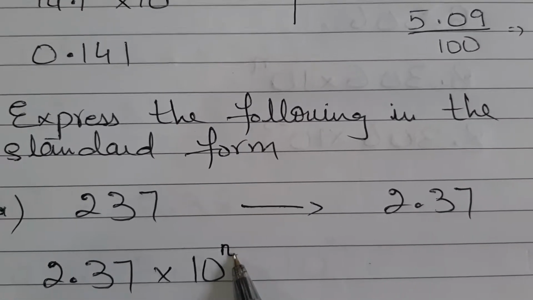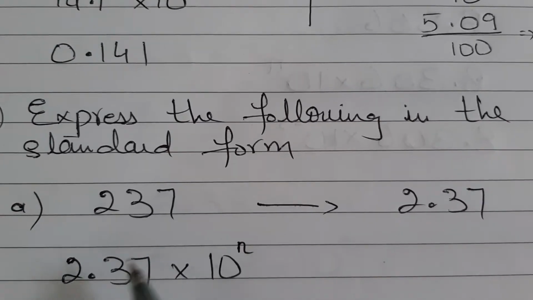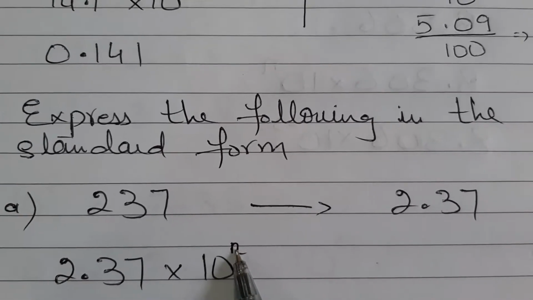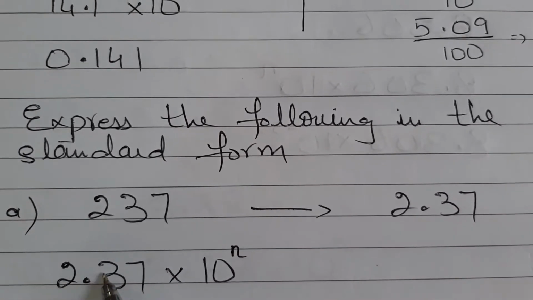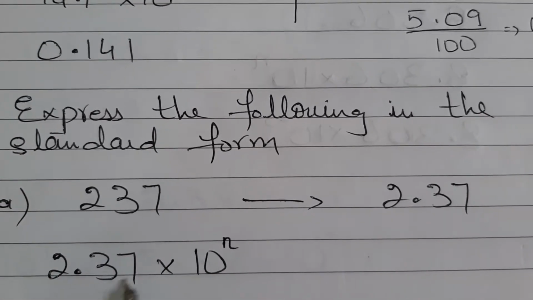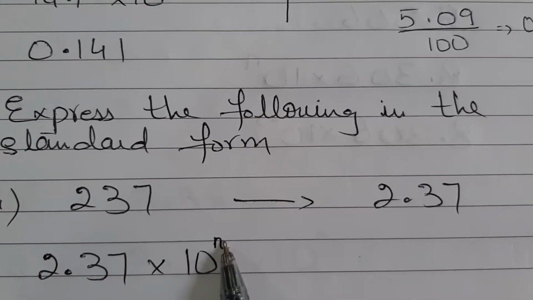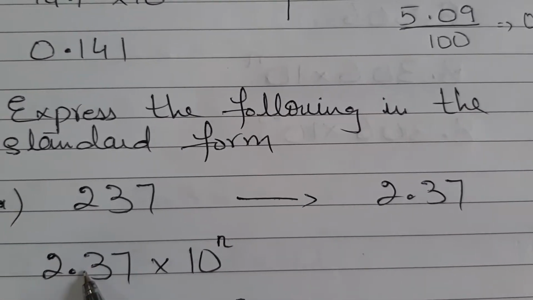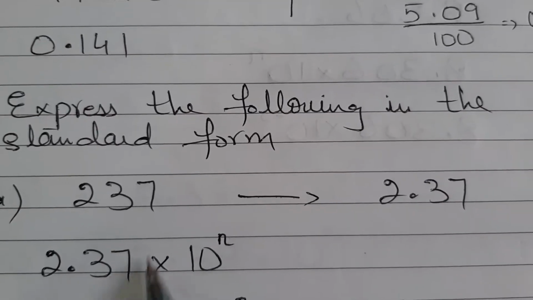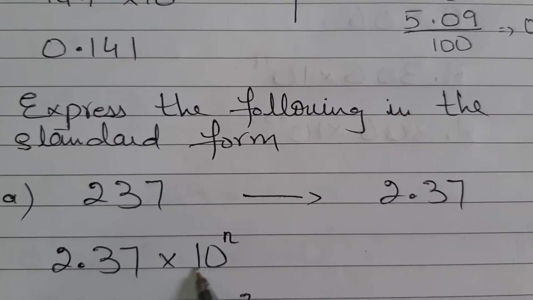Now what is that integer which will come at this place? Actually the integer should be such that it can move the decimal to the right, because this number is multiplying by 10 to the power of an integer. So that integer should be such that this decimal jumps to the right and I have this number, because I am changing this number into another form.